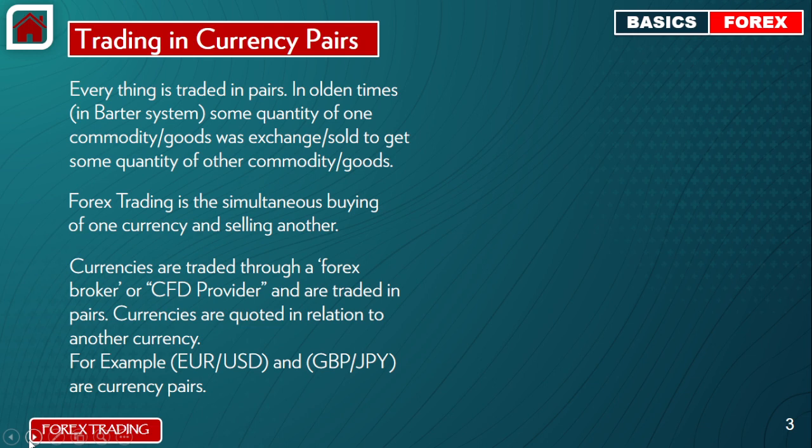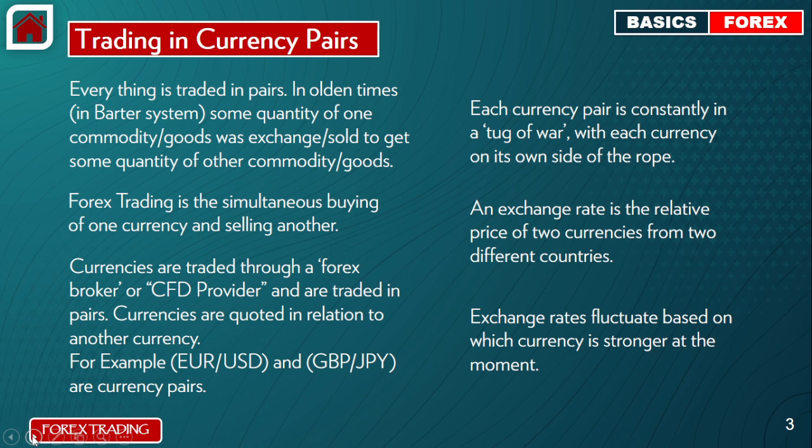And currencies are quoted in relation to another country. For example, we have the Euro USD pair and the GBP JPY pair. Each currency pair is constantly in a tug of war, with each currency pulling on its own side of the rope.